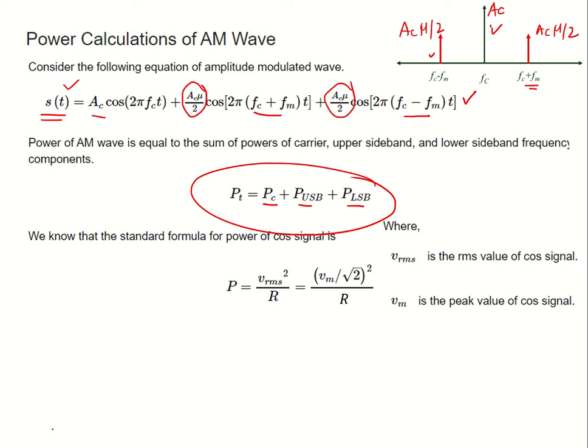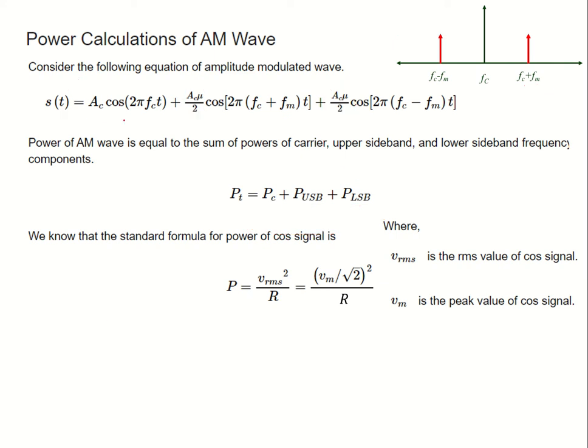We have considered the cosine signal for our calculations, and you know very well, if you have a cosine signal and want to calculate its power, the power of a cosine signal is basically its amplitude square, whatever the amplitude we are having, divided by 2. That is the power calculation of a cosine signal.